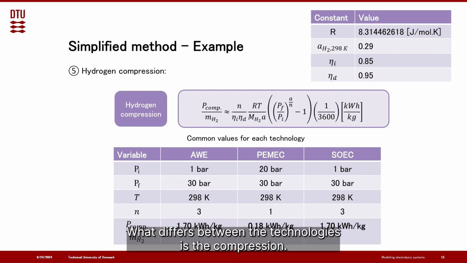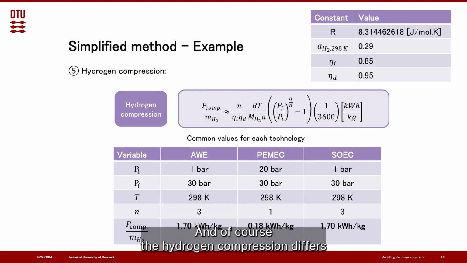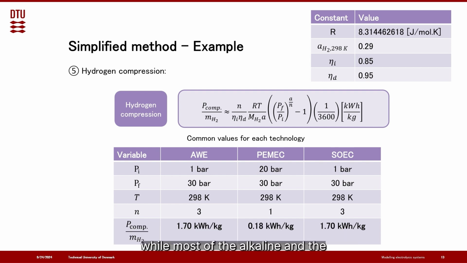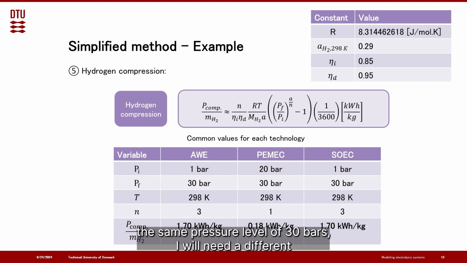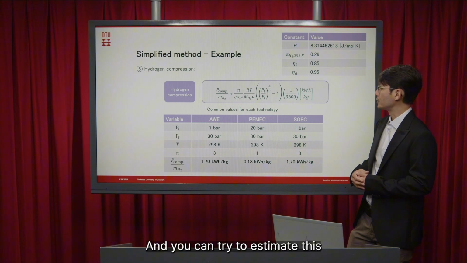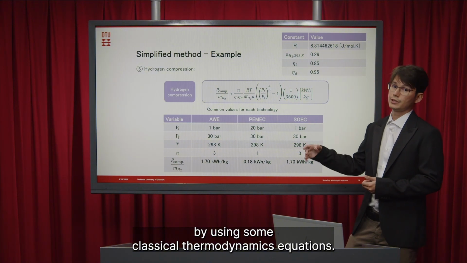What differs between the technologies is the compression. And of course, the hydrogen compression differs because some of these technologies operate at a high pressure, while most of the alkaline and the SOEC operate at atmospheric pressure. Therefore, if I want to reach the same pressure level of 30 bars, I will need a different amount of electricity to reach that level. And you can try to estimate this by using some classical thermodynamics equations.